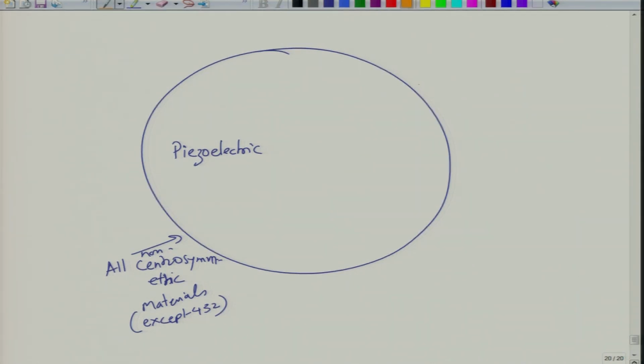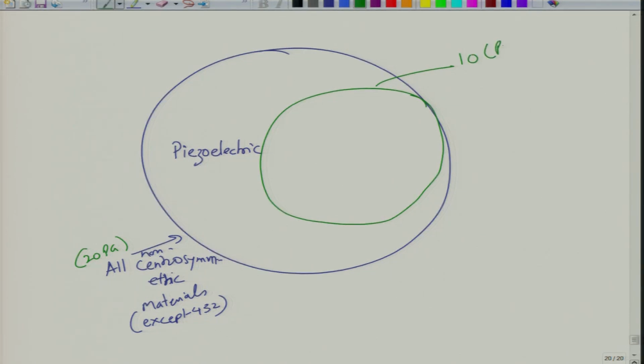Within these non-centrosymmetric materials, you basically have 20 point groups. Within these you have 10 point groups which are polar. These are all pyroelectric. Within these we have another class which is ferroelectric, for which polarization is reversible.